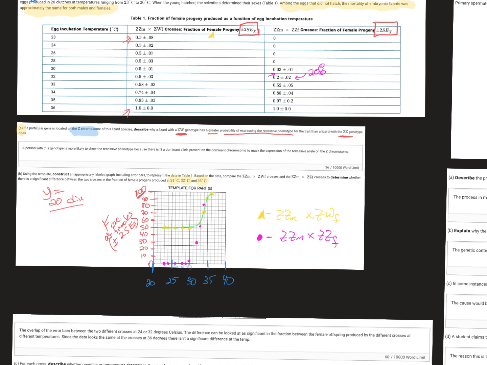Something like that. And then 35 is 0.97. It's going to have to be a little bit of an overlap. And then 36 is 1. So they're right on top of each other.